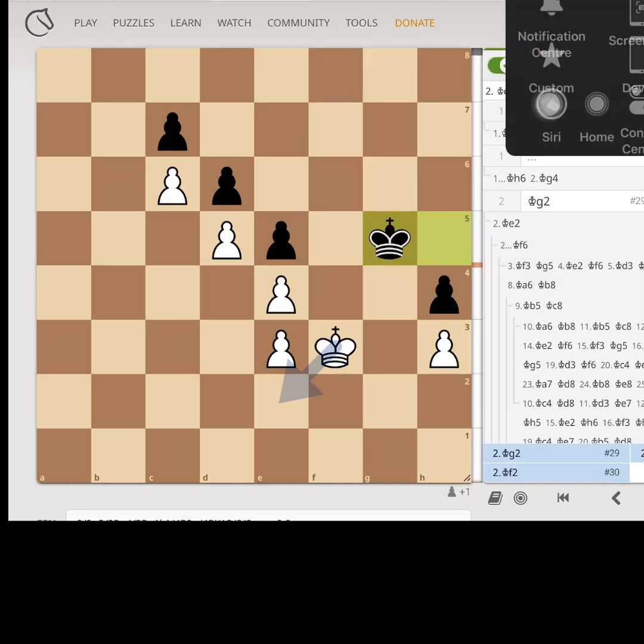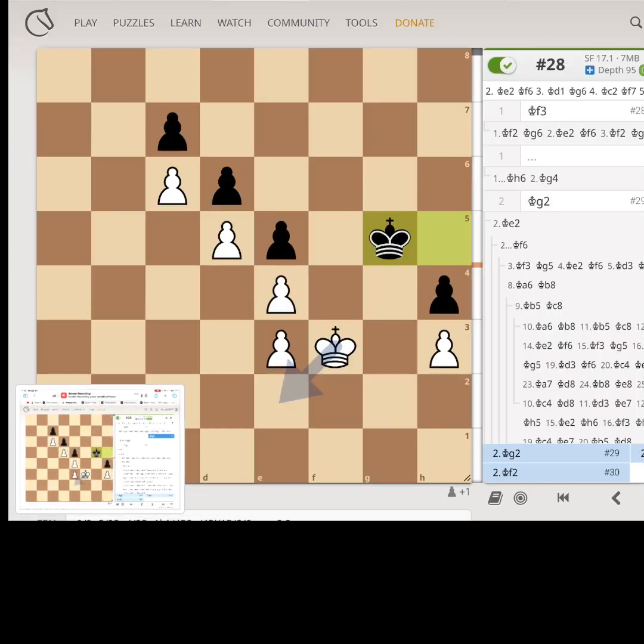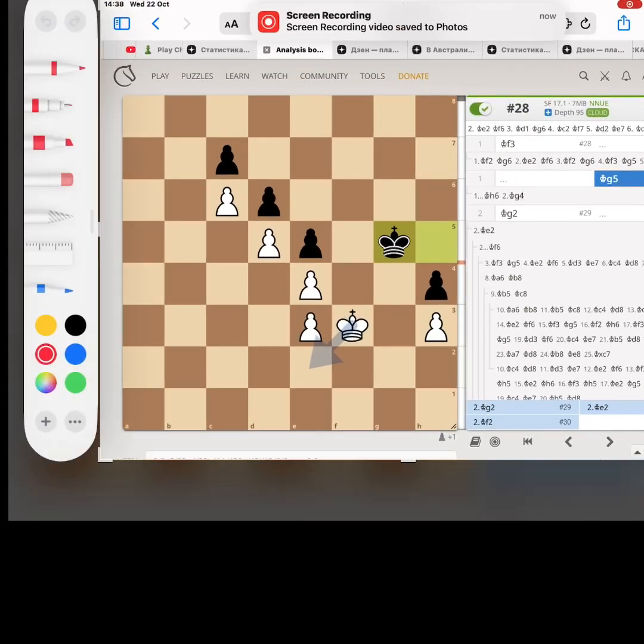Let's draw the corresponding squares again. So I draw 1, 2, 3, 4, 5, 6, and for black 1, 2, 3, 4, 5, 6. Right now I can try.